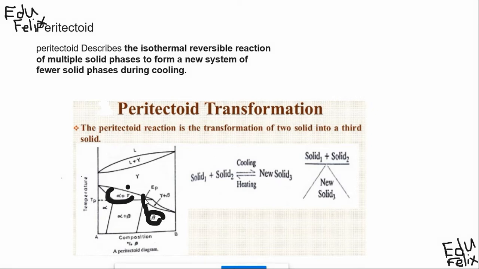After this point also you have the composition of alpha plus gamma, but on sudden cooling, that alpha plus gamma converts to beta. Even at the liquid phase you have this alpha plus gamma, but now it's the same. If you cool it, it changes to beta, not alpha, not gamma. There is no constant of alpha or gamma there. So that point, this point also, we call peritectoid.